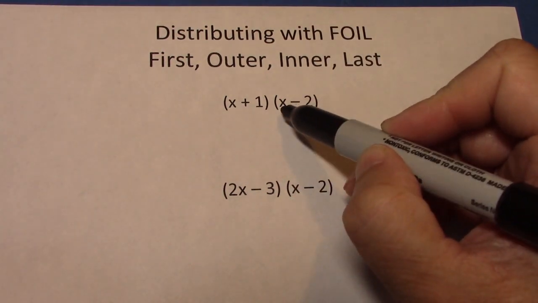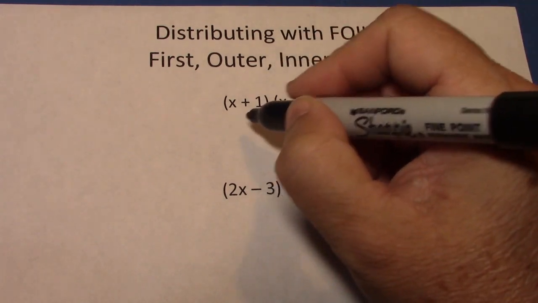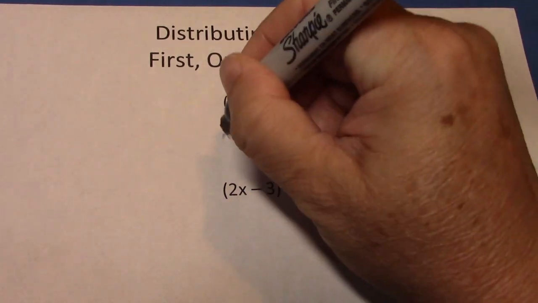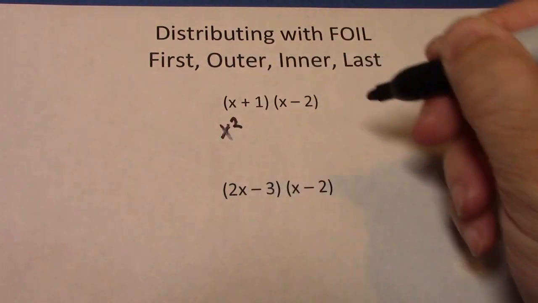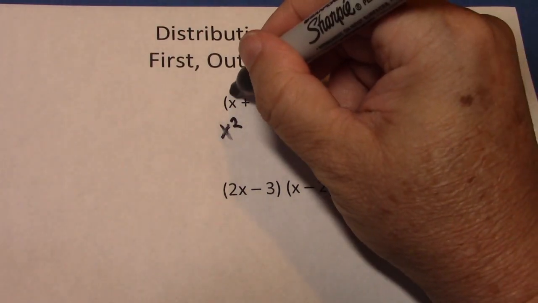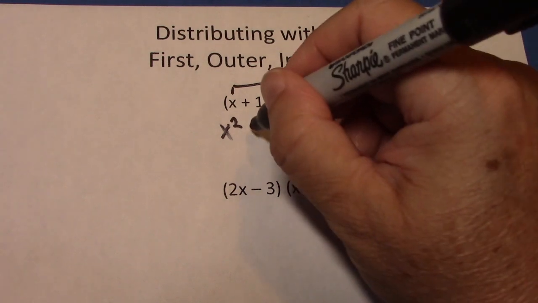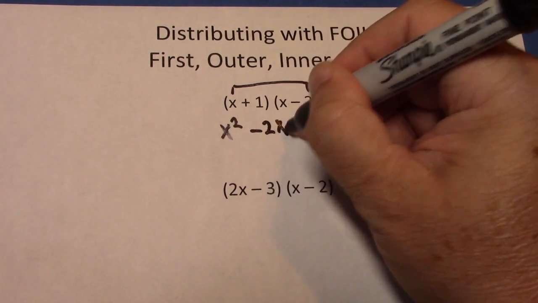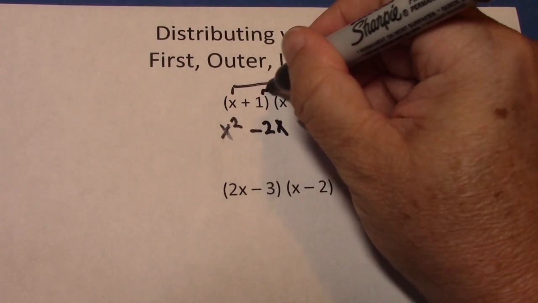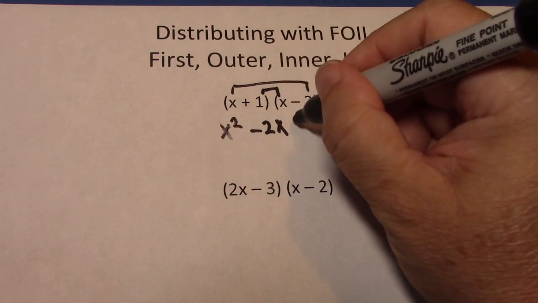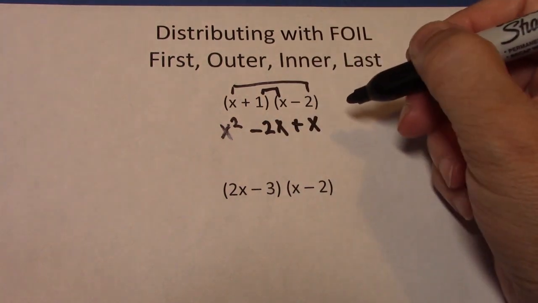X times x, those are the two firsts. So when I multiply x times x, I'm going to get x squared. My outers, I'm going to multiply x times negative 2, and I will of course get negative 2x. Then we'll do the inners, 1 times x, I would get a positive x.